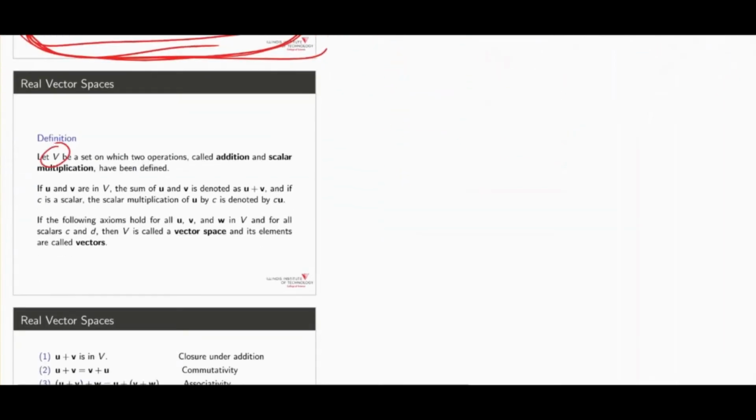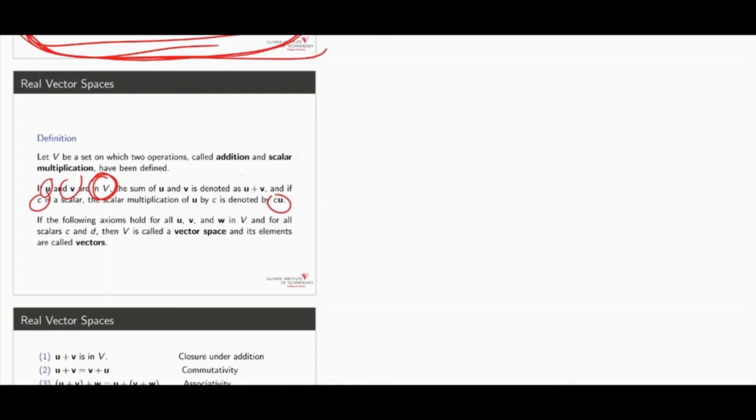If you have a set with two operations defined on it, called addition and scalar multiplication, and if u and v are in this set V, the sum of u plus v is written like this. And if you have a scalar c, the scalar multiplication is written like this.